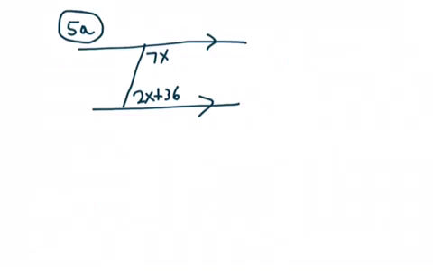The key to this problem is that you have this acute angle here and this obtuse angle here. So they are not equal, they are supplementary because of these parallel lines. So since they're supplementary, they add to 180. So 7x plus 2x plus 36 equals 180.